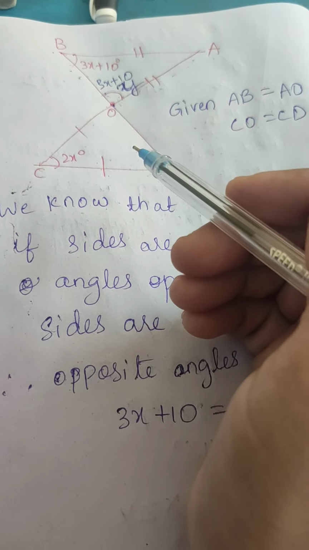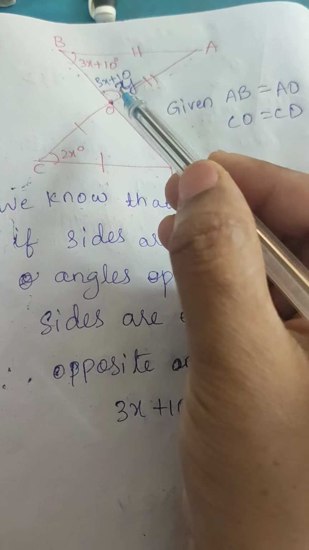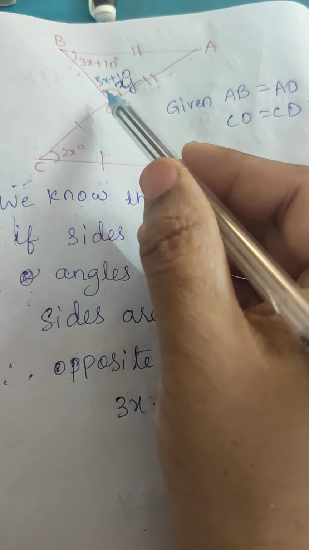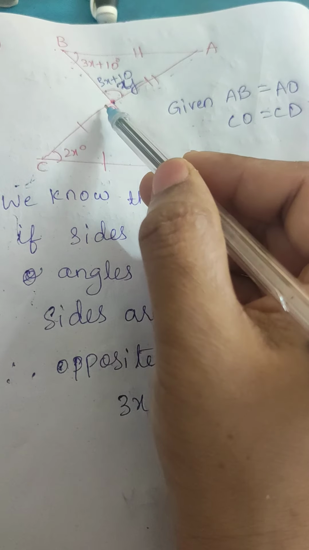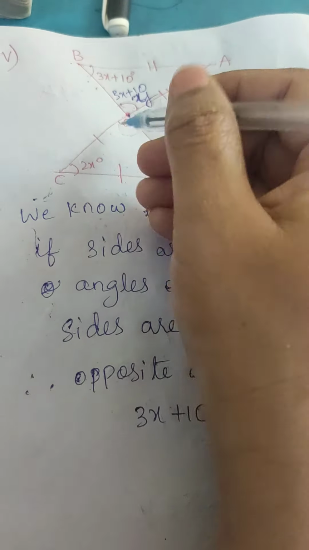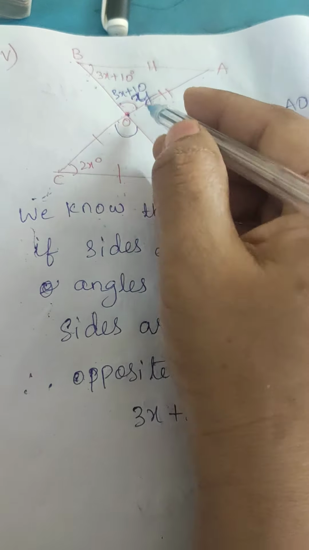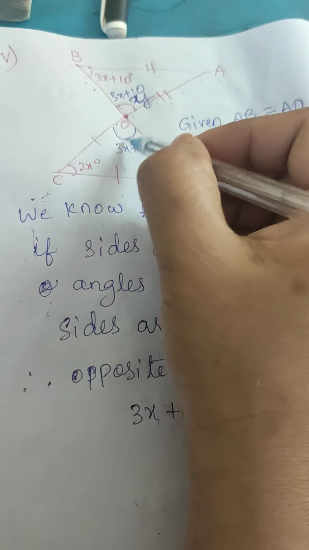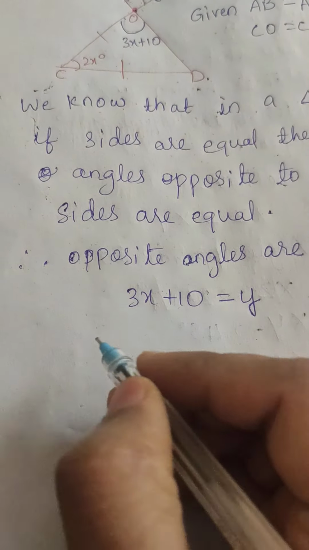We also know that if this angle is 3x plus 10, then the opposite angle also becomes 3x plus 10, because these two are vertically opposite angles.